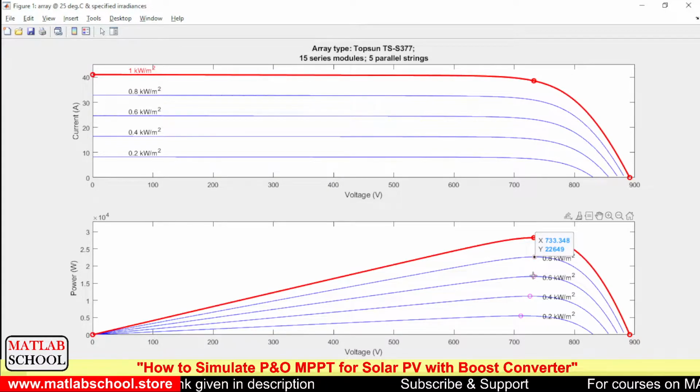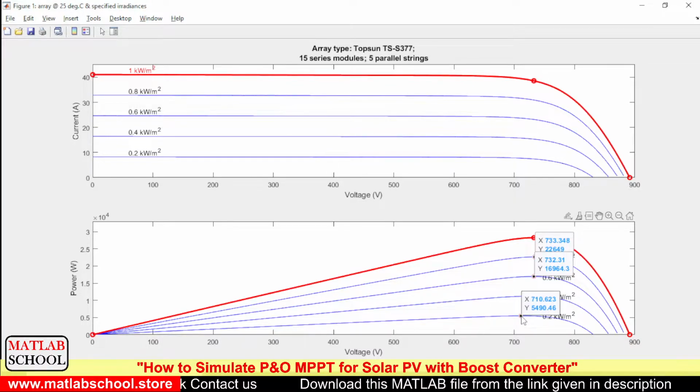Like that we have maximum powers available at different irradiation values. When the irradiation value is 600, you can see the power decreasing to 16,964. When the irradiation is 200, the maximum power that we can get out of the system is 5,490. With this understanding, we are getting into the simulation.